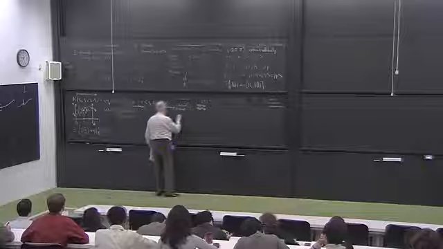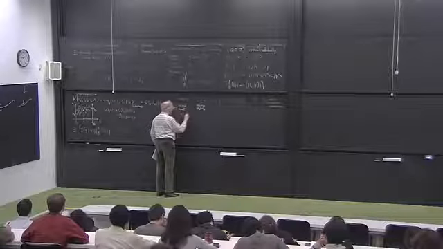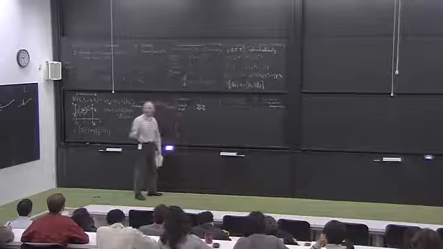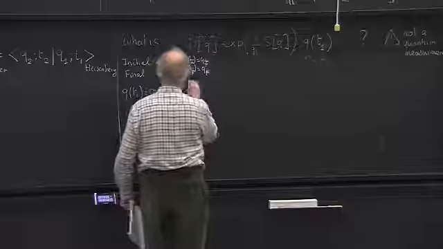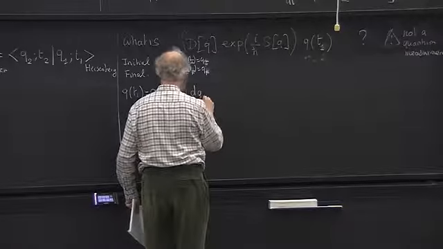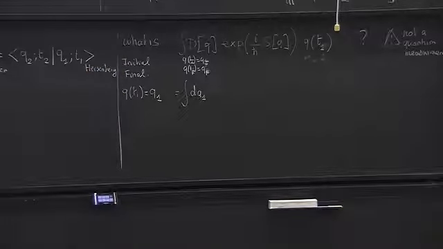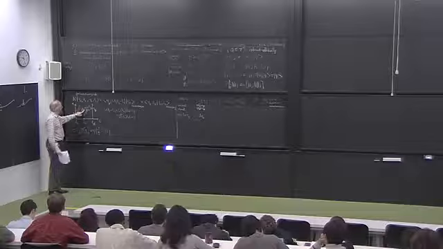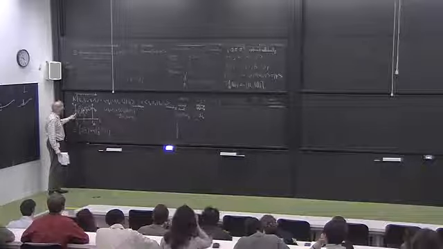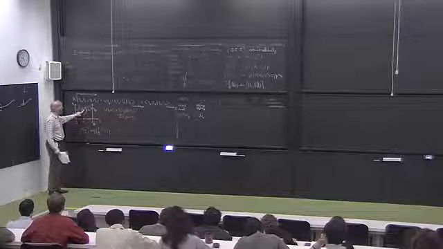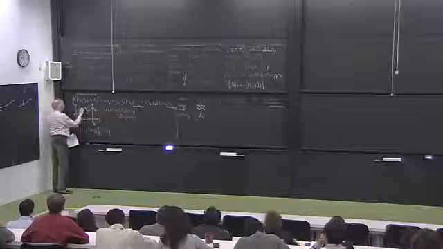We say that q at time t1 is some q1, and I write this as an integral over dq1. Once I have fixed q1, I sum over all the paths which go from q initial to q1. This is now q1.